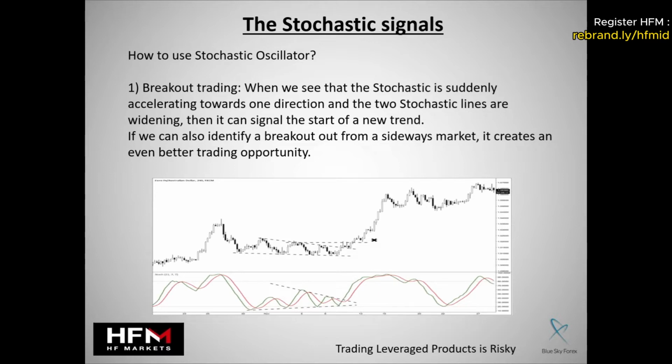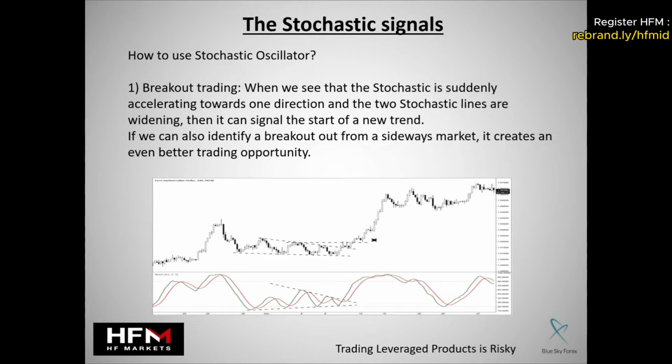Now the same goes for the stochastics, but the common thresholds are slightly different. For the stochastics, the thresholds usually are considered to be 75 and 25, and sometimes even 80 and 20.